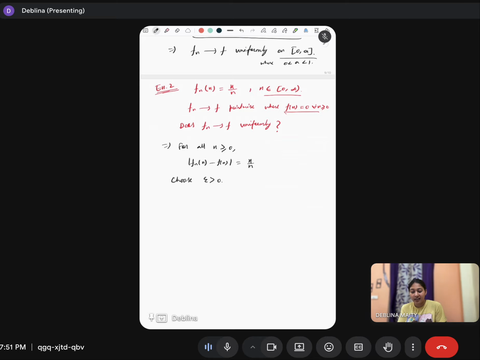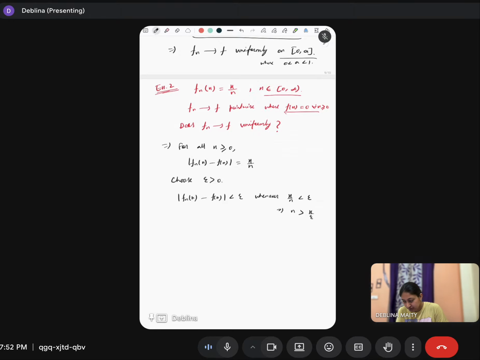And we have to find a k for which modulus of fn(x) minus f(x) is less than epsilon whenever n is greater or equal to that k, right? So fn(x) minus f(x) is less than epsilon whenever x by n is less than epsilon, right? So this implies n is greater than x by epsilon. Whenever n is greater than x by epsilon, this holds, right?